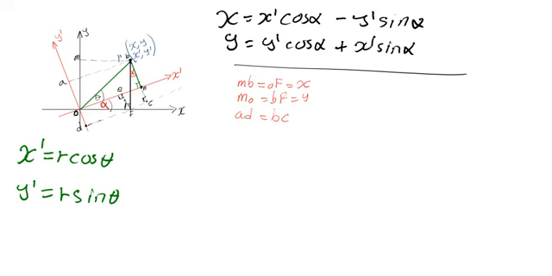Then what else do we have to know? Our AB is equal to what? Our DC. So this side and this side are equal, as well as this side and this side are also equal. All right.